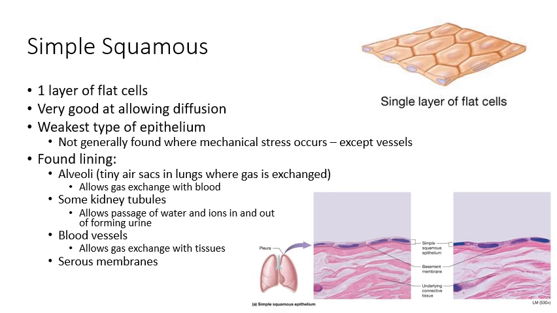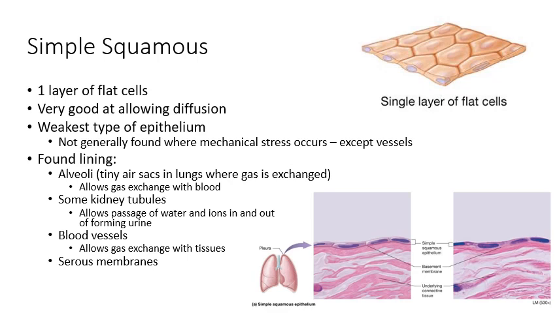In your larger blood vessels that are exposed to more pressure, more mechanical stress, the strength of the vessel is going to be coming from other components of the lining, not from the epithelium. Finally, you have simple squamous tissue lining the serous membranes, which basically reduce friction in different parts of the body and kind of help create body cavities.